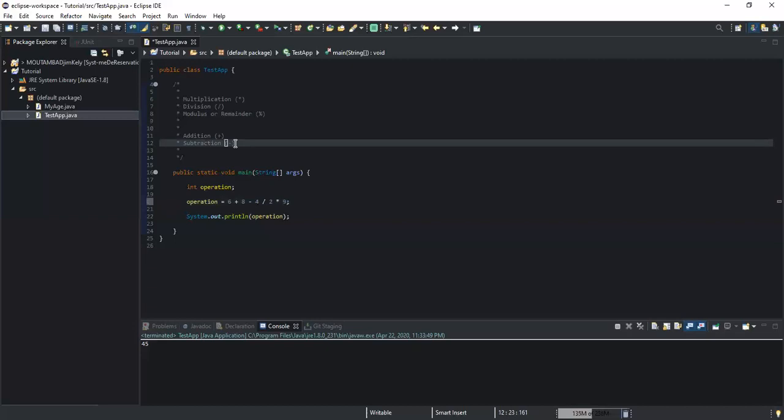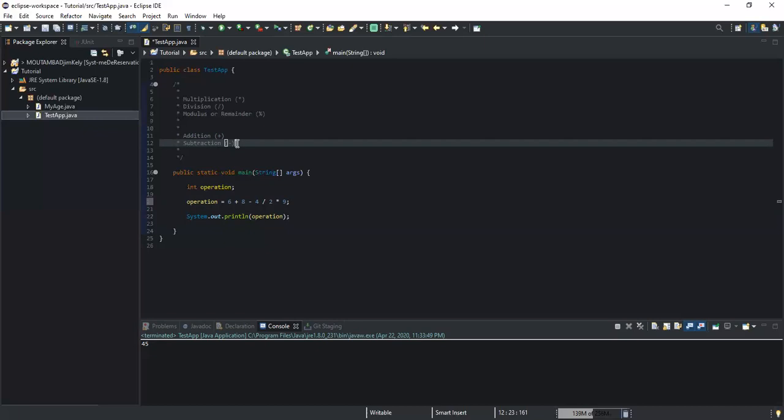And the second rule says that in case an expression is made up of operators that have the same level of precedence, the expression will have to be evaluated from the left to the right.